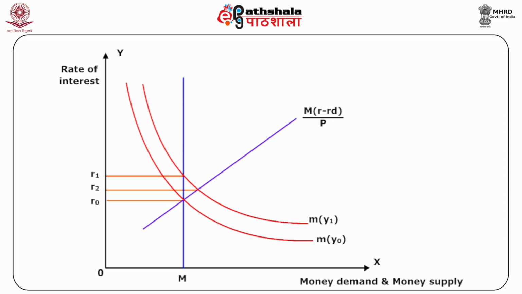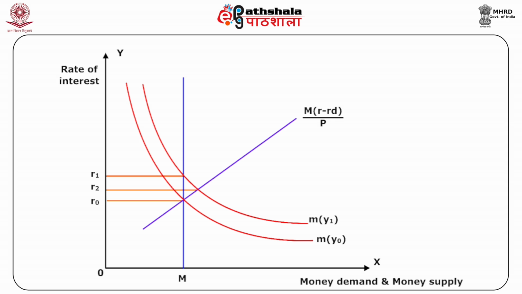This gives us a kind of hint that if we are talking about the relationship between the level of income and rate of interest, then we are actually deriving the LM function. So this is a precursor which tells us that if we look at the derivation of the LM function, then we could expect that the LM function would be more sensitive to the rate of interest.